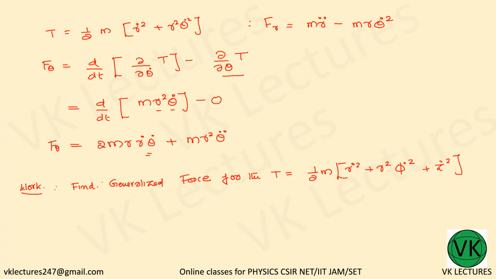So this is r, phi and z, in cylindrical polar coordinates. So you will have Fr, F phi and F z. These are the generalized forces. You can please find the answer to this.